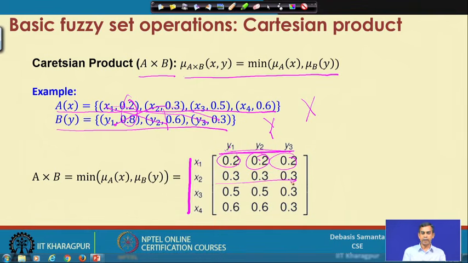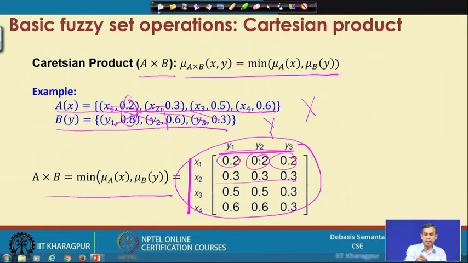So, the Cartesian product can be expressed with the help of this kind of matrix, and it is called the relation matrix. Regarding the relation matrix, we will learn many things at a later stage. So, this is the operation that can be performed as a Cartesian product.